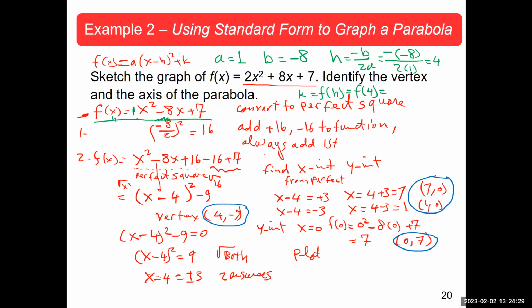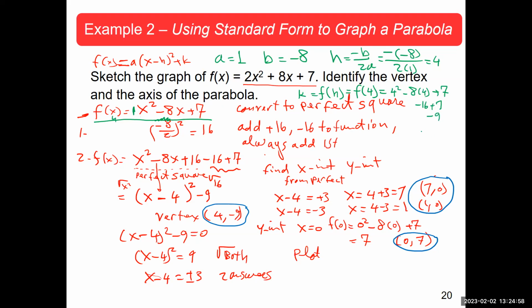So this is equal to 4 squared minus 8 times 4 plus 7. This is 16. This is 32. You're going to get negative 16 plus 7. That's how much? Negative 9.